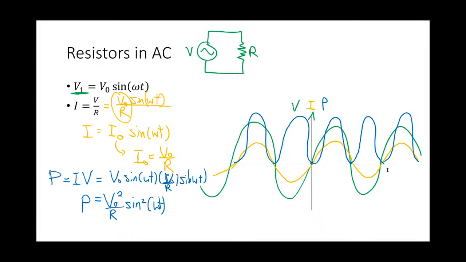Which leads us into this idea of the average power, because as you see, the power that is consumed by your resistance, which you can picture like a light bulb, right? If you have an AC light bulb, it actually flickers, in North America, 60 times a second.